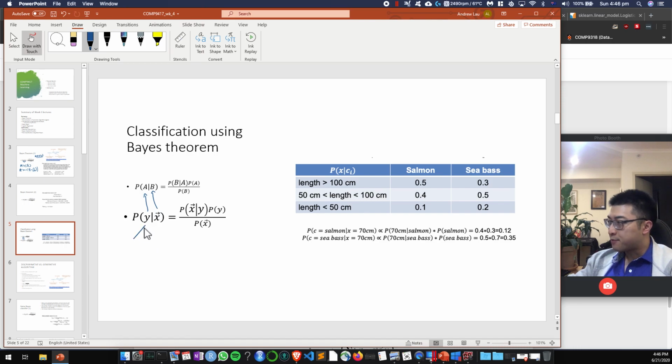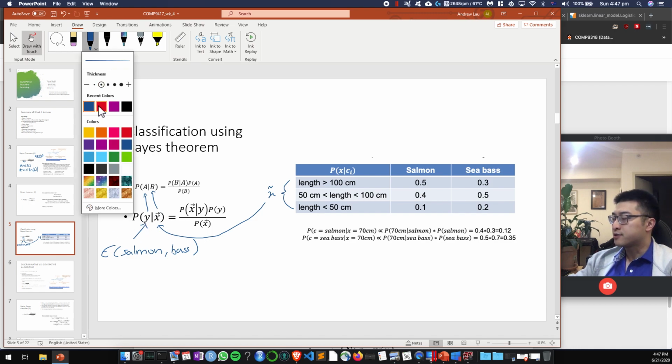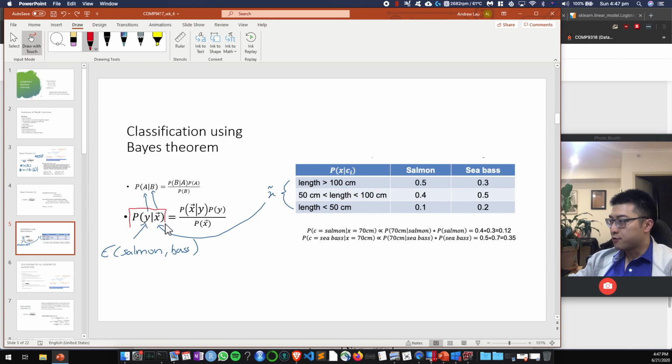For this specific example, Y could be, say, your salmon or your sea bass, and your feature vector is just these, the features. So you are effectively using Bayes' theorem to swap around. This is the original classification problem, I would say. This is your end goal. This is what you really care about. This is your classification problem.